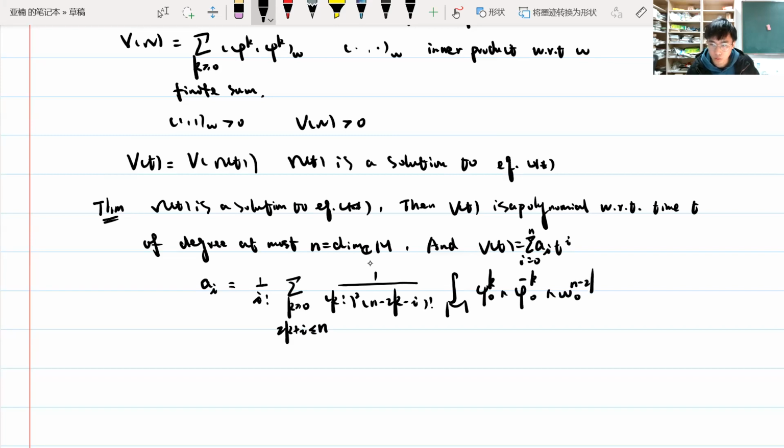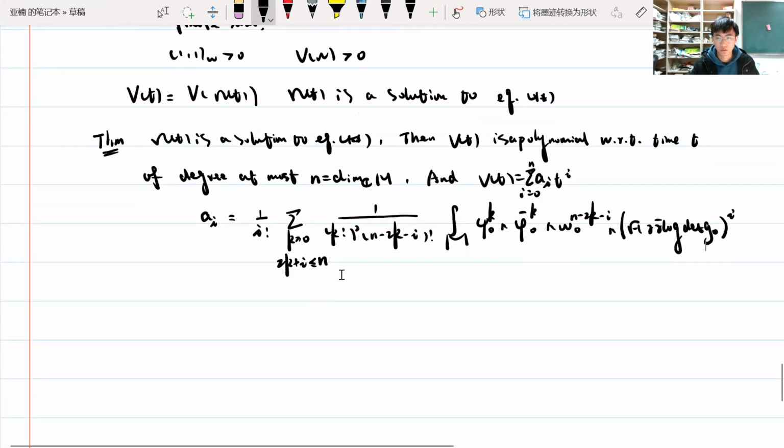And the coefficient a_i only depends on the initial condition and the manifold, the first Chern class.